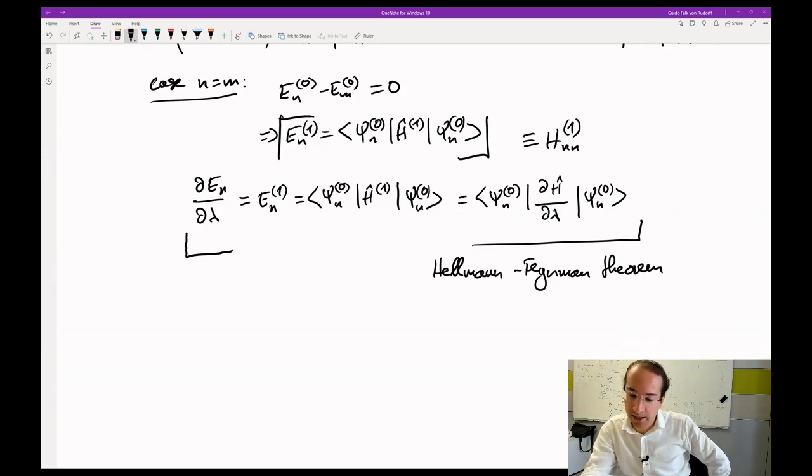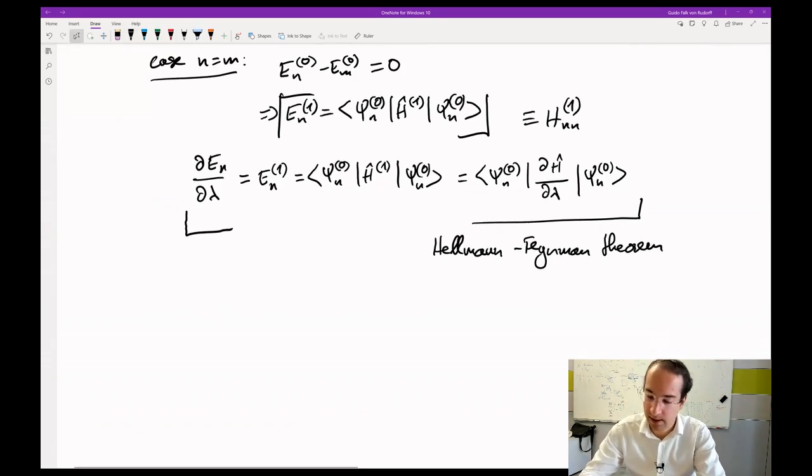So if you know the change in this perturbing Hamiltonian, in principle, you can get forces on molecules directly from only having the original wave function at hand. And that's a quite powerful result. In practice, there are some limitations to this, but again, I would consider this to be a central thing to keep in mind from this lecture.